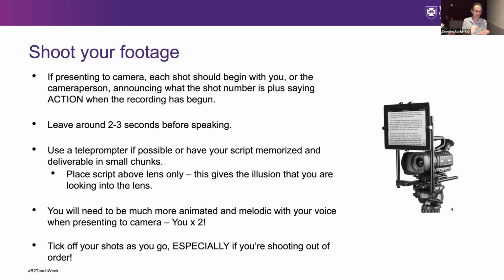We're gonna start off here, and action. If the person waits a couple of seconds before they start speaking, it'll make sure that you know what shot you're on in the script, so you can cross that off really easily.